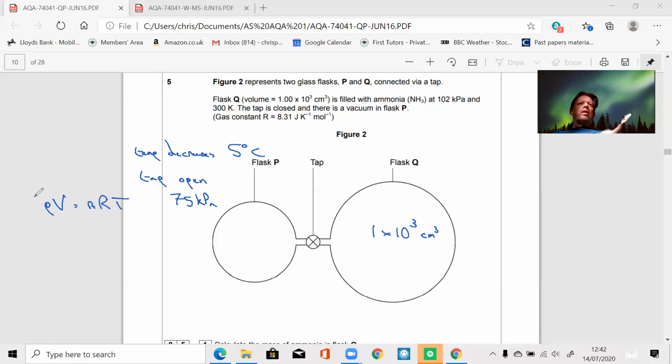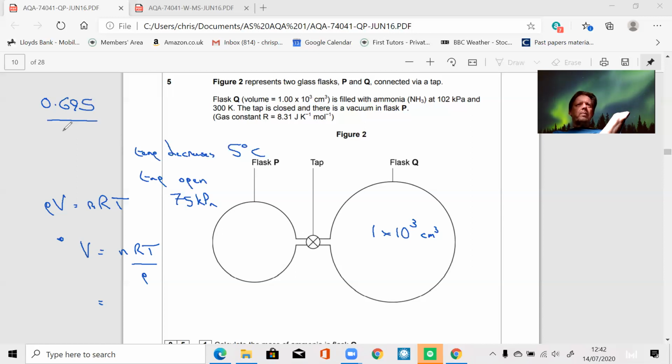Right, so this time we're trying to find volume. Once again, rearranging, that's something you need to be able to do very quickly and accurately. We're just going to put the P down on the bottom there. So nRT over P. Just make sure the units are right. Now, if you remember, the mass of ammonia was 0.695.